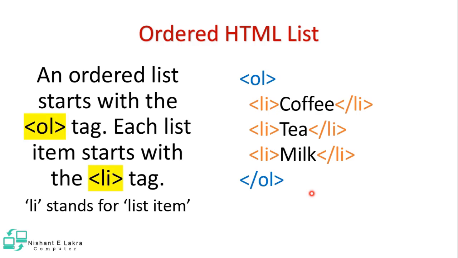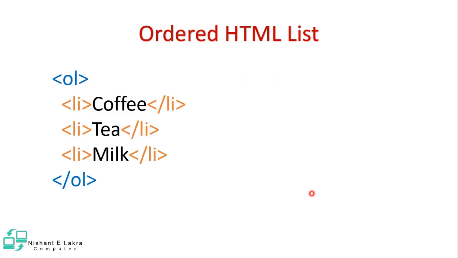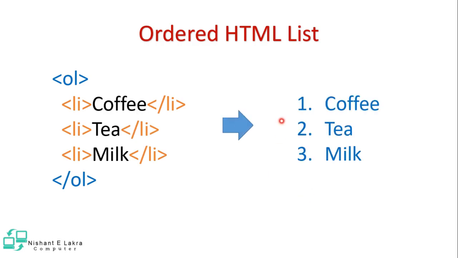And when you save it, you can open it in the web page, and it will be displayed something like this, right? 1 coffee, 2 tea, 3 milk. Now by this we understand that this is an ordered HTML list.